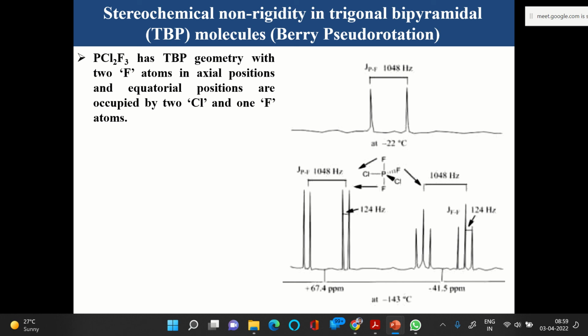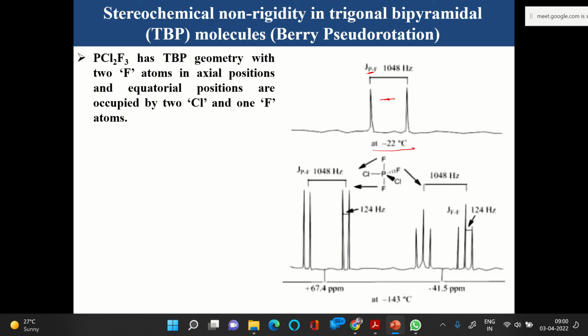One is PCl2F3 under normal conditions, at -22 or above, where you will obtain a doublet which will represent only JPF.